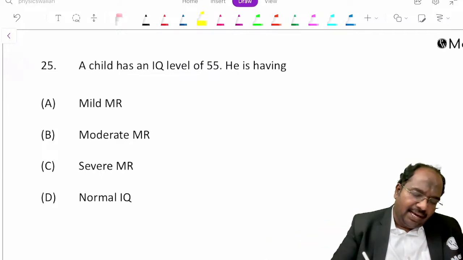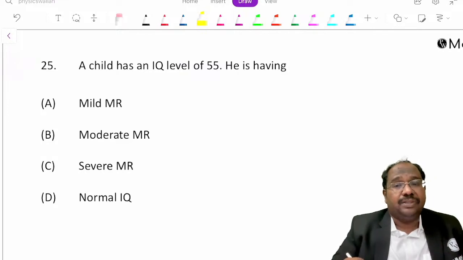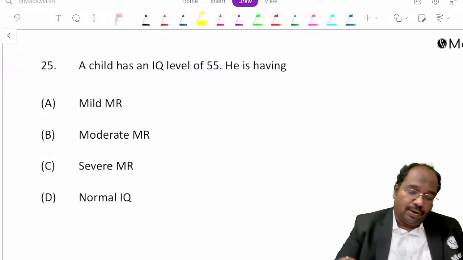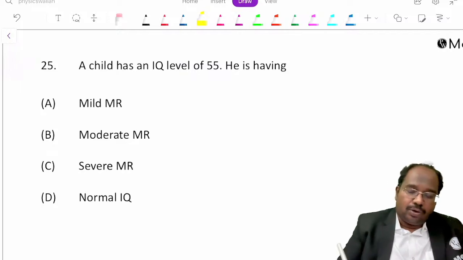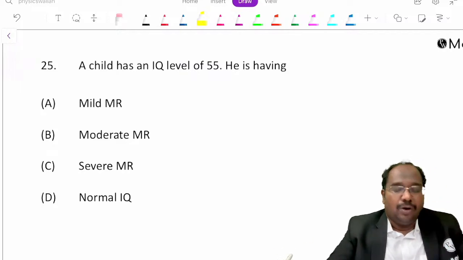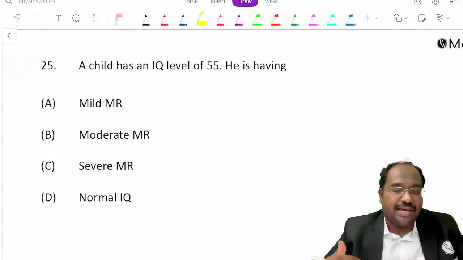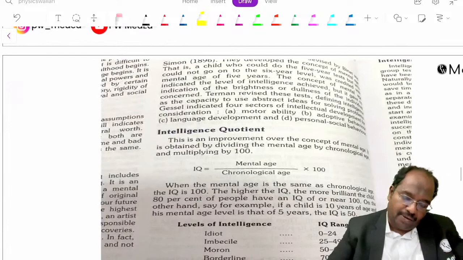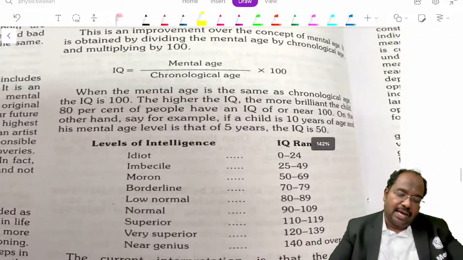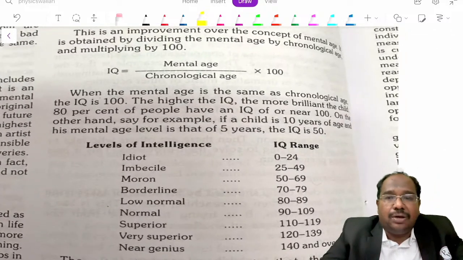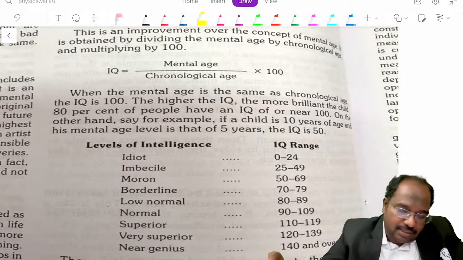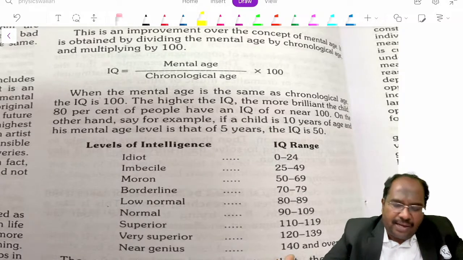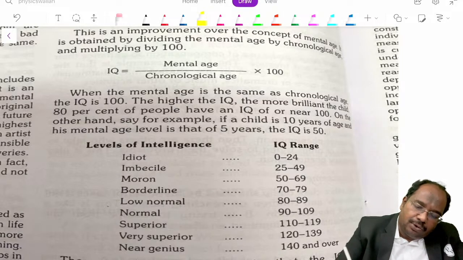Now, a child has an IQ level of 55. What is he having? IQ is the intelligence quotient. We have multiple classifications, two types. First we will see the one from the textbook of Park. IQ is mental age divided by chronological age. Idiot means 0 to 24 IQ level.